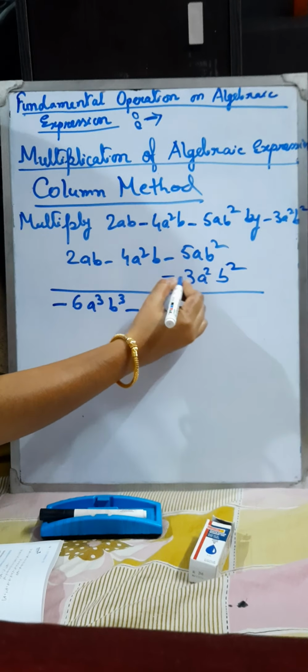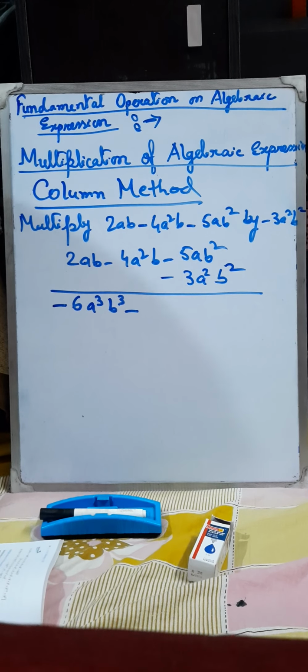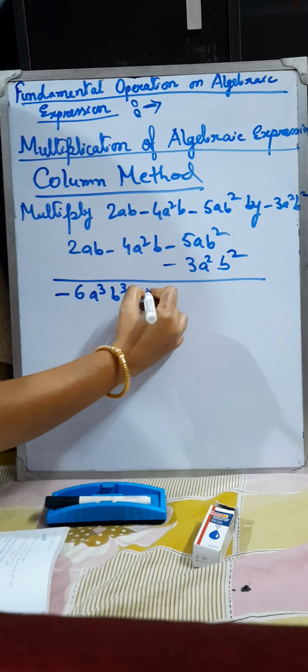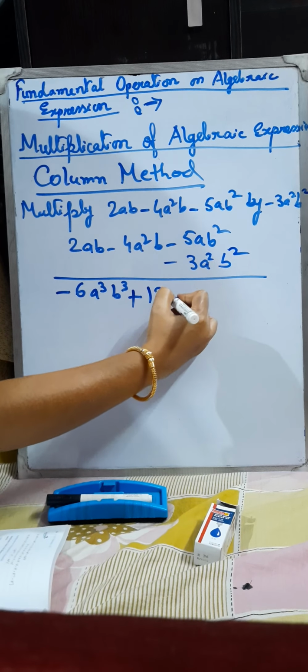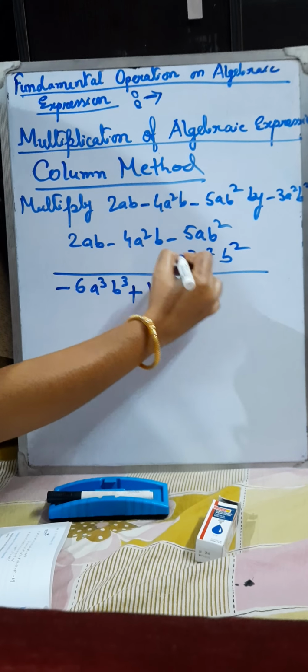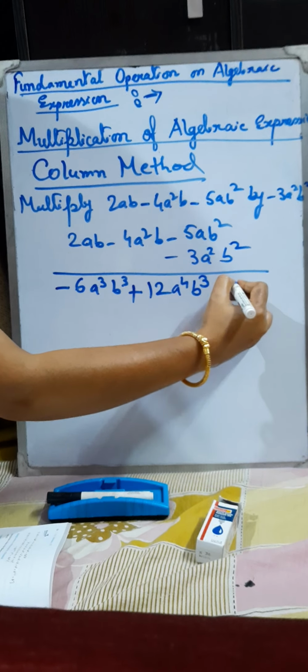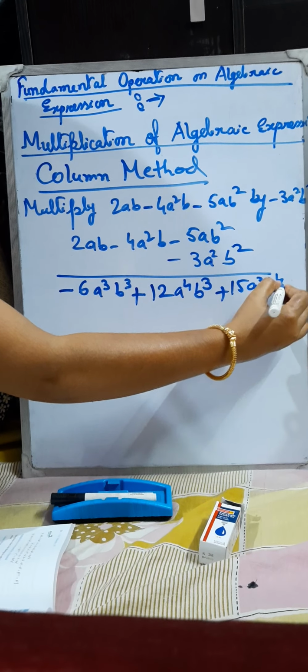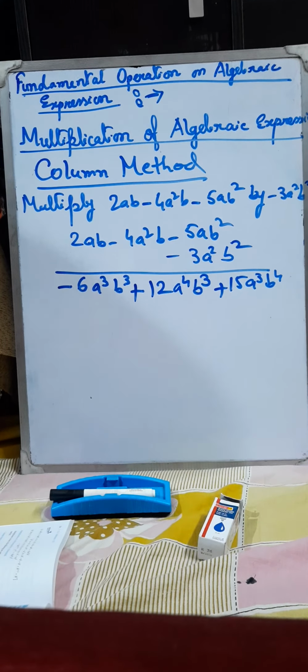Then minus 4, 3 fours are 12, but here minus into minus, so the sign will be plus 12, a square and a square, that means a to the power 4, b and b square, then b to the power 3. Then minus minus plus, 3 fives are 15, a cube and b to the power 4. This is your required answer.